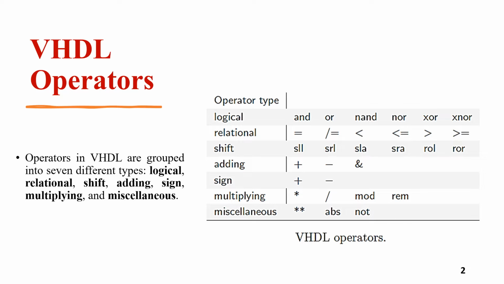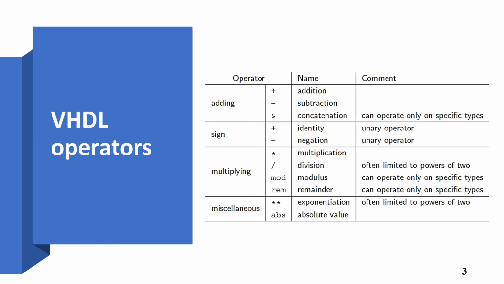And in the other operators, there are such as double star, which means power, ABS or absolute value, and not. In this slide, you can see the explanation of the VHDL operators that I explained in the previous slide.